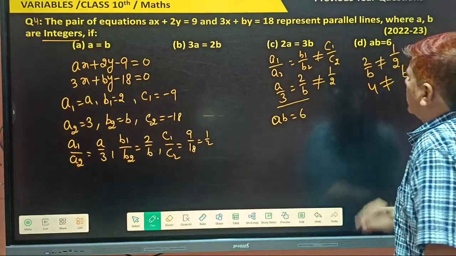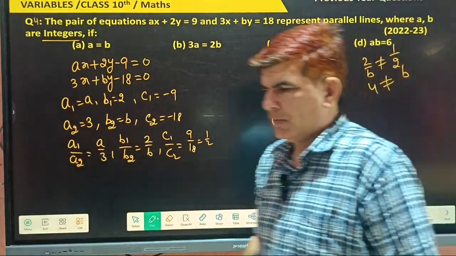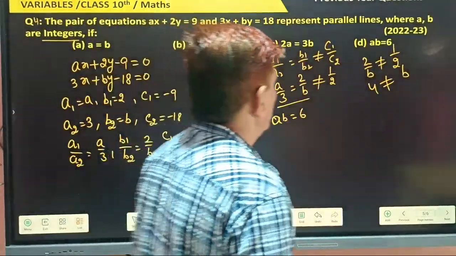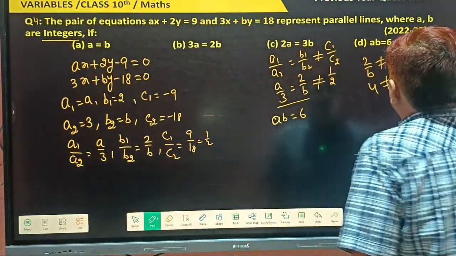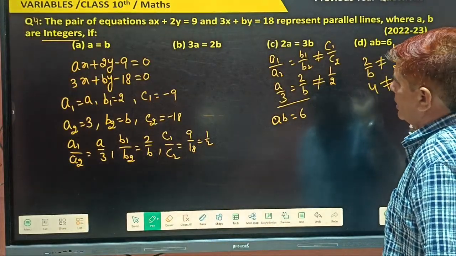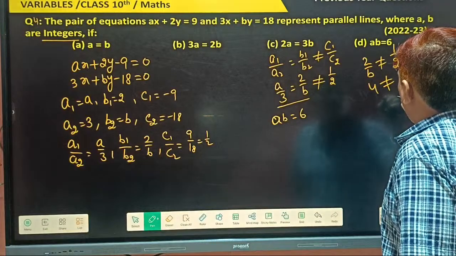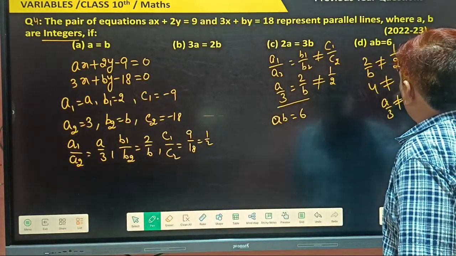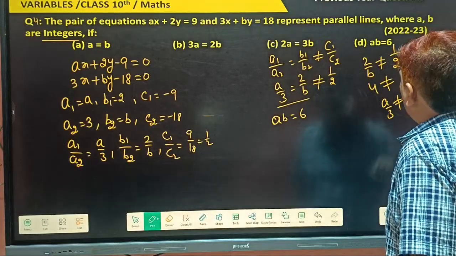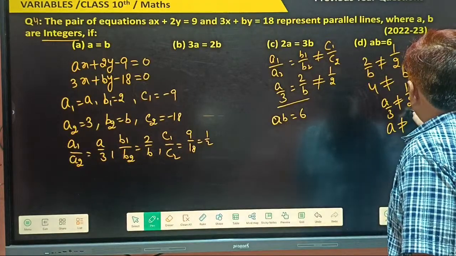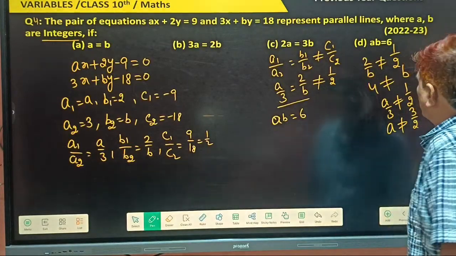So b is not equal to 4. Otherwise, a by 3 is also not equal to 1 by 2, so a is also not equal to 3 by 2.